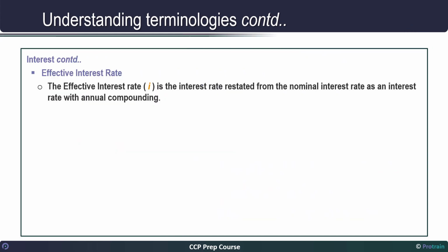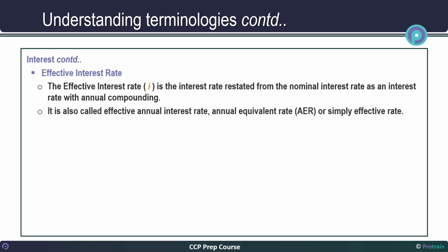Let's talk about effective interest rate. The effective interest rate is the interest rate restated from the nominal interest rate as an interest rate with annual compounding. It is denoted by I. It is also called effective annual interest rate, annual equivalent rate, or simply effective rate.